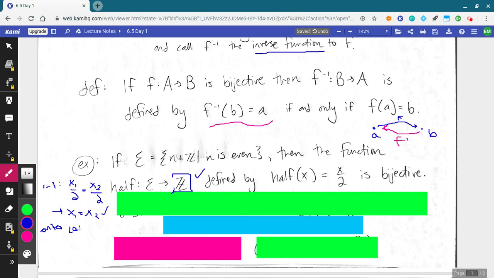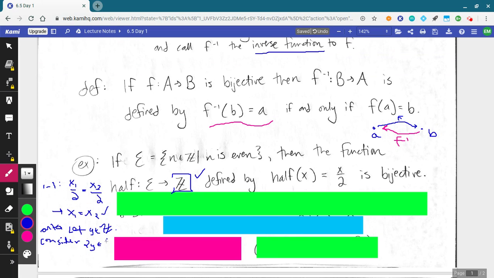Here, we'd want to let y be some integer. Apologize, I'm working with a mouse here. Bear with my handwriting. That says let. All right, we want to find an even integer that's going to map to our y that we picked out. Well, how about 2y?